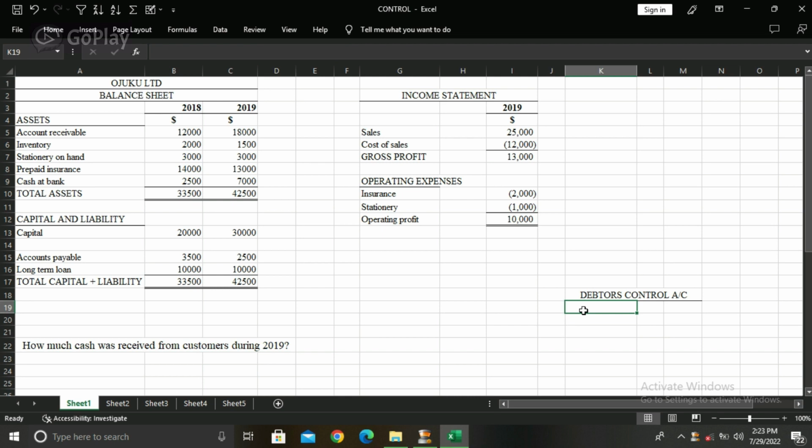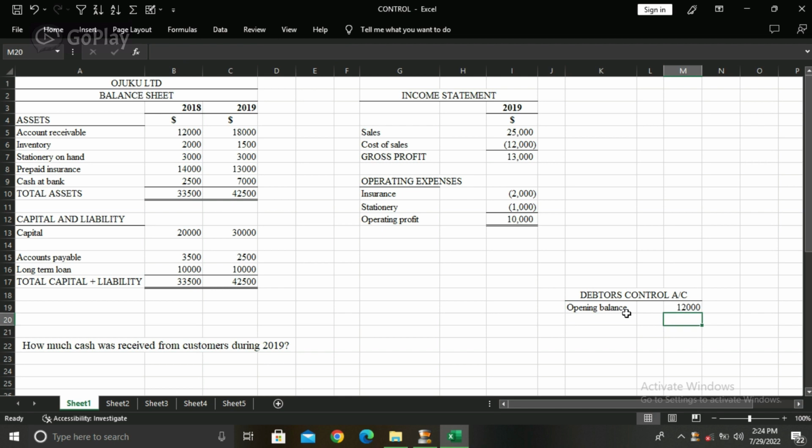The opening balance here refers to the balance at 2018, because how much they owed us in 2018 became the opening balance for 2019 before we move to the close of 2019. So we have the opening balance, which is that of 2018. So we have 12,000.